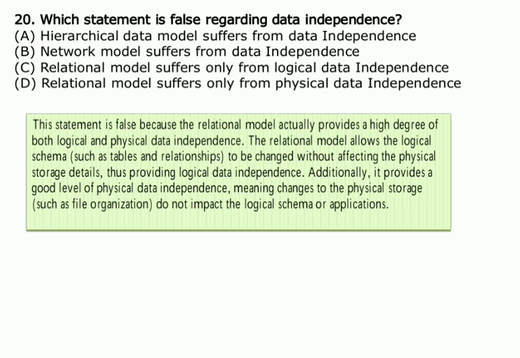Option C is the correct one because the given statement says the relational model suffers only from logical data independence, whereas a relation has both the logical and physical data independence. So that's why option C is false regarding the data independence.